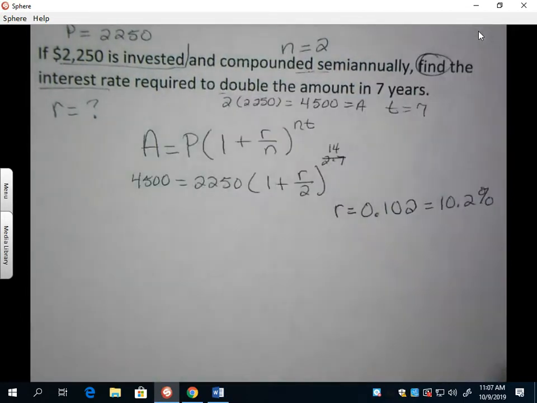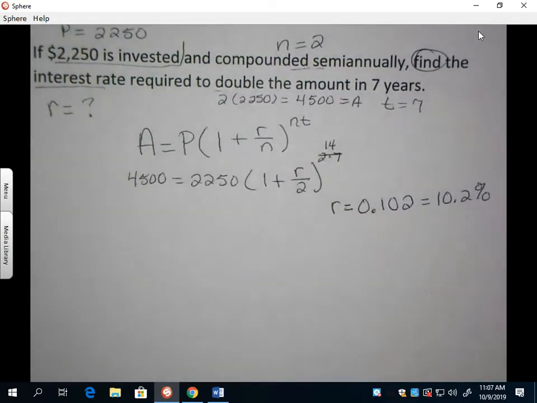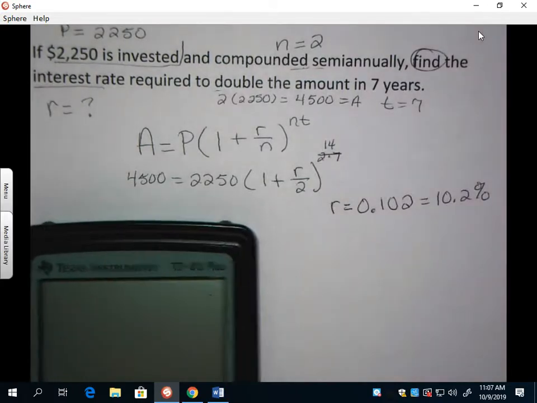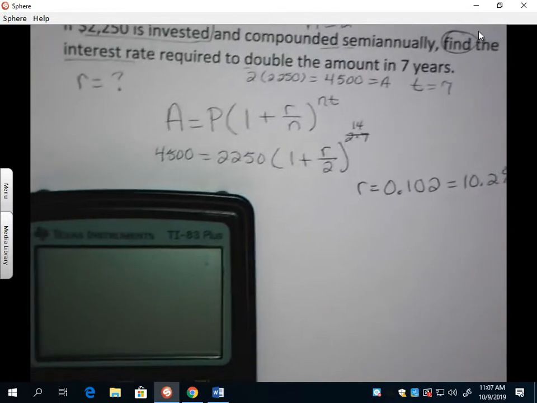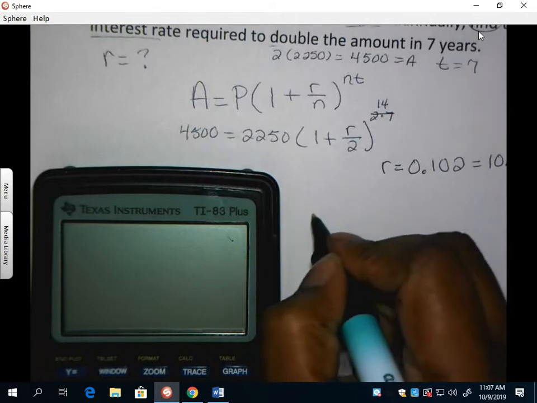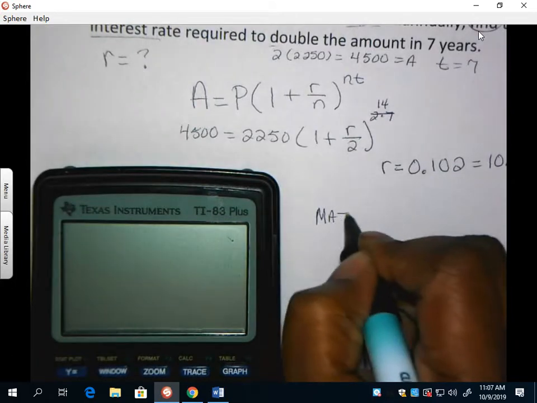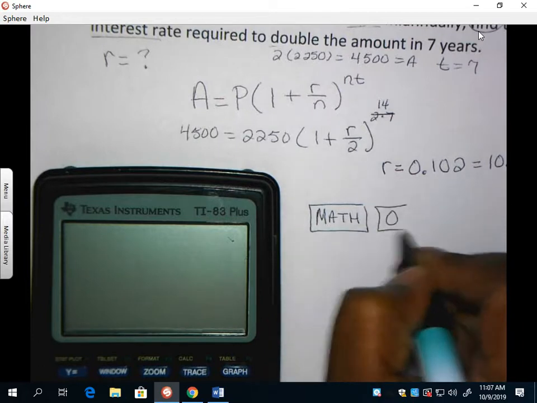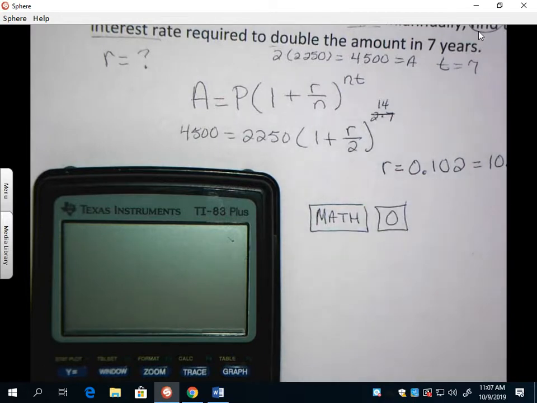Now, if you don't have one of those, and if you have a TI-83 Plus or TI-84 Plus that does not have the built-in formulas, you can use the equation solving feature of this calculator. The equation solving feature of this calculator is found under Math 0, whereas on the Casio it's on the home screen.